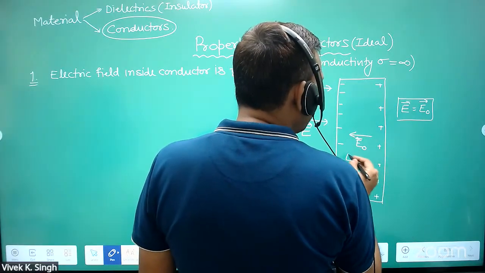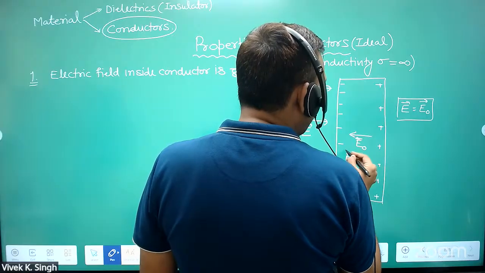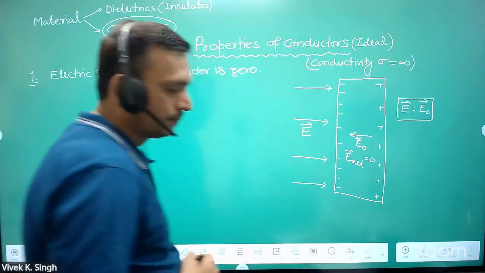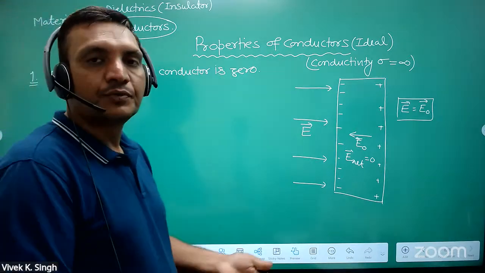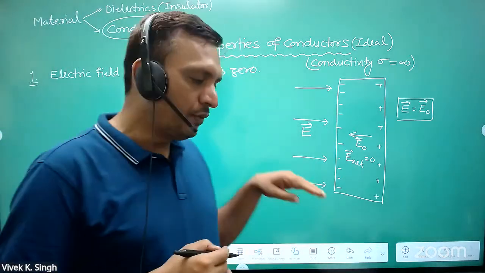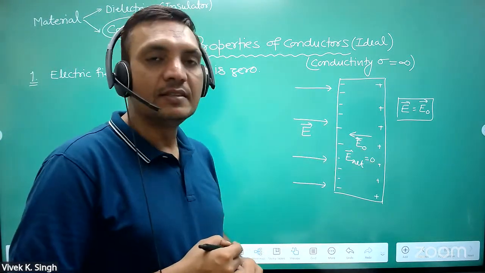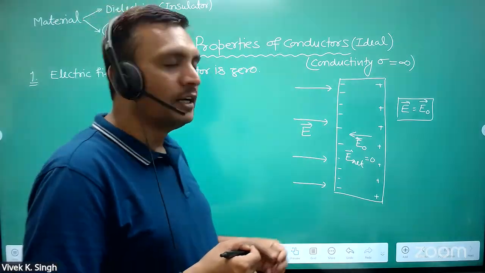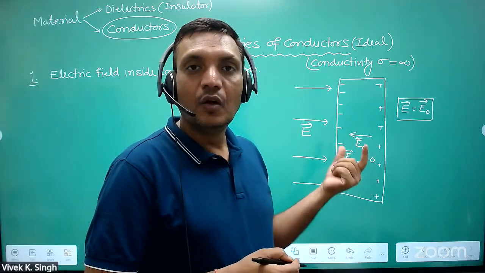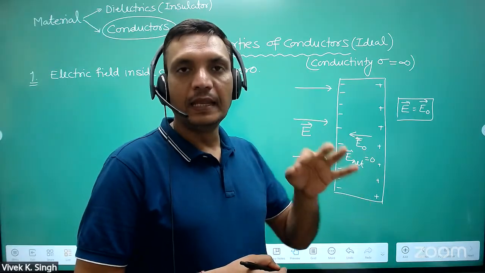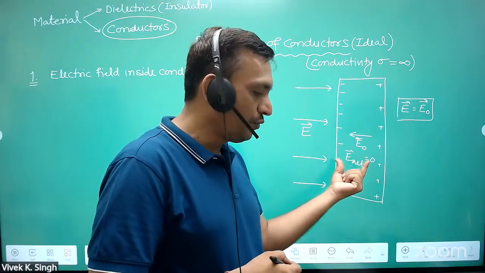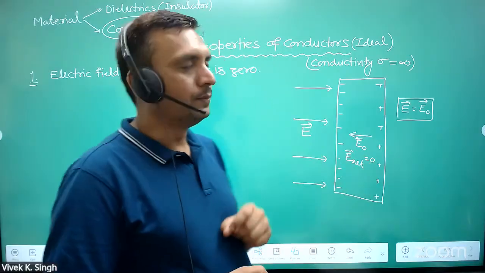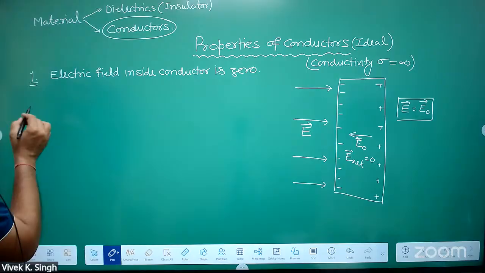So inside, the net electric field will be zero. That is the property of a conductor: whenever you place it in an external field, an internal field develops which cancels the external field. Inside a conductor, the electric field is always zero.